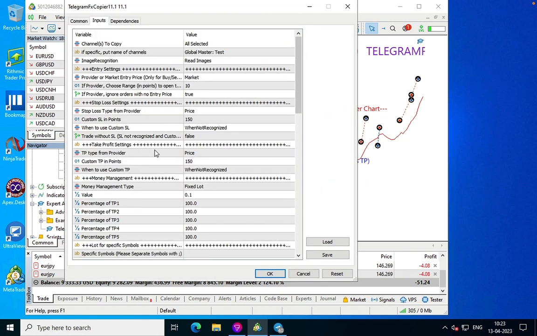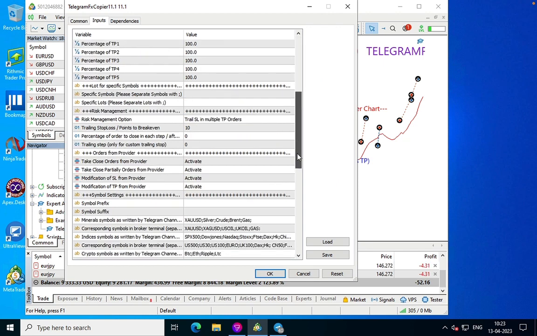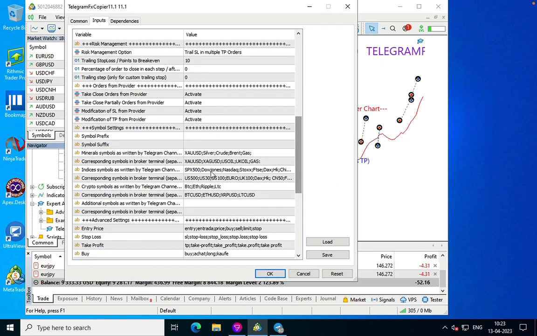Let's take a look here. What do we have? What is our stock term? For NASDAQ, US 100. Okay, so if your signal provider is using the term NASDAQ, or maybe they're using NQ or ND100 or whatever version of NASDAQ, but you're using US 100, you're going to get a trade error.